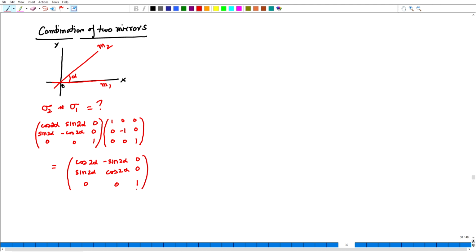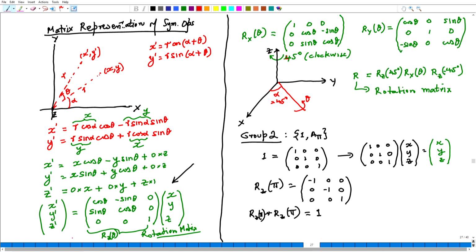Now, let us see what kind of matrix this is. If I compare with a previous lecture, one can look at this matrix: cos theta, minus sin theta, 0; sin theta, cos theta, 0; 0 0 1. This is a rotation matrix and the rotation axis itself is the z axis.